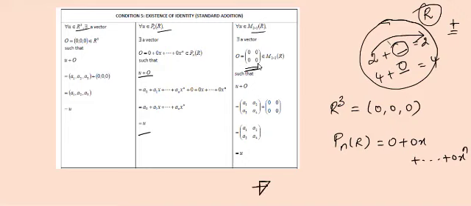For every element in the vector space, whatever domain I am taking, there must be a 0 element. That is, there exists a vector 0, which I represent by capital O. There must be a vector called the 0 vector satisfying this condition, that is u plus O will be equal to u.